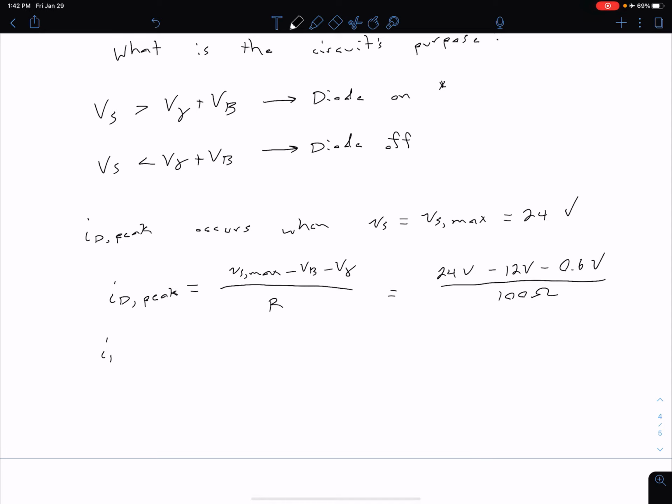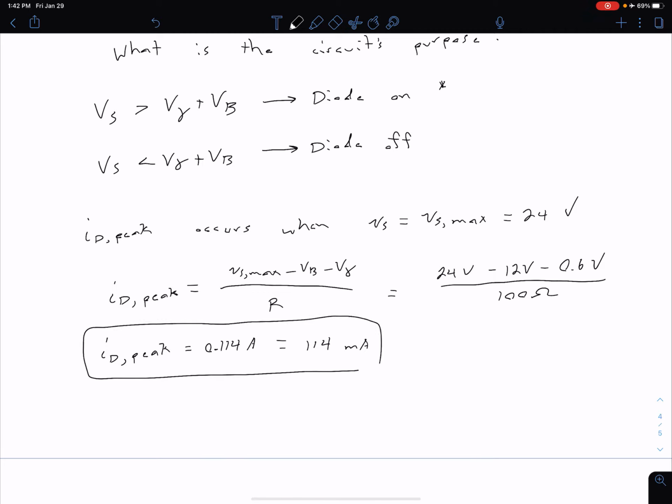Because everything is in terms of volts and ohms, our current is in amps, so we have 0.114 if we plug that value in, which we can represent as 114 milliamps. That's a relatively small amount of current and most diodes are going to be okay with that, but we always want to check the specs to make sure that's the case.